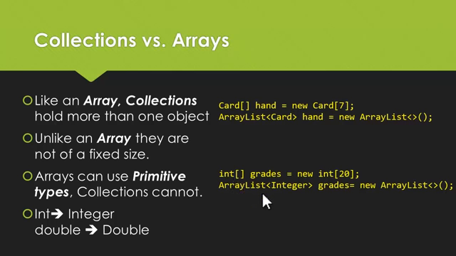And then again, the advantage of using a collection is right now I'm not allocating any memory to store integers, but as I start calling grades.add, I will be adding integers into the collection and then consuming memory accordingly. Of course, I will demonstrate this through my examples, and through using the debugger you can see exactly what I'm talking about.